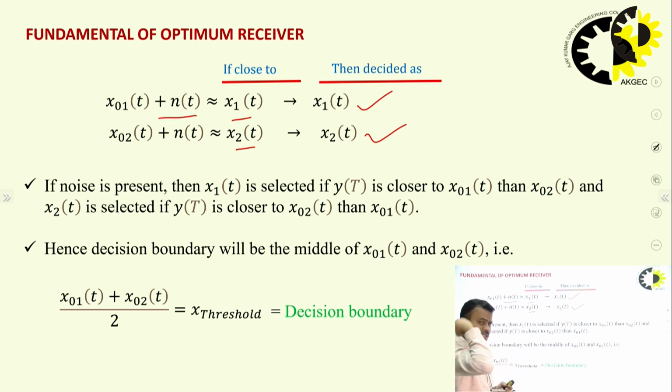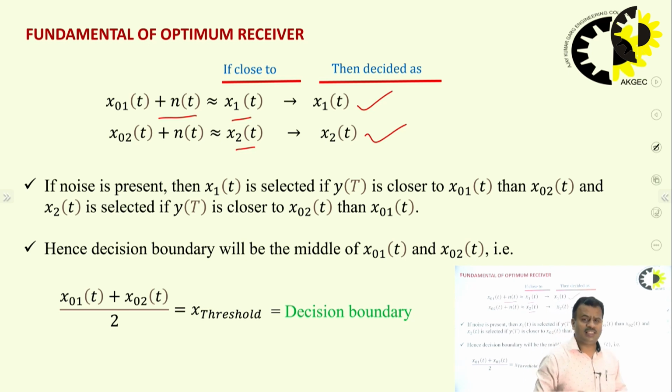It means binary 0. If noise is present, this is our assumption: if I get xo1(t) plus n(t), I approximate that due to x1(t) I am getting the output. Similarly, otherwise I get the output corresponding to x2(t) plus n(t). But if noise is present, it means error can be there.